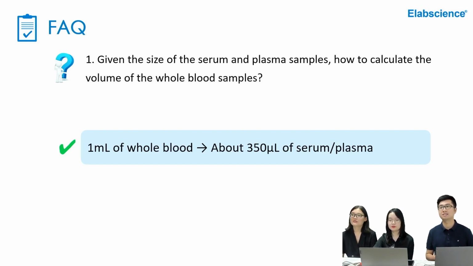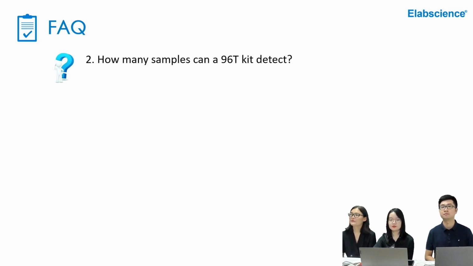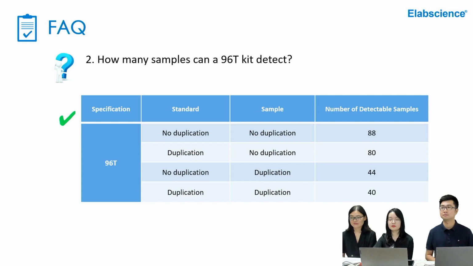Then let's see question number 2. How many samples can a 96 test kit detect? For 96 test kits, run up to 88 samples if the standards and the samples are assayed in the simple well, and run up to 40 samples if both the standards and the samples are assayed in duplicate.